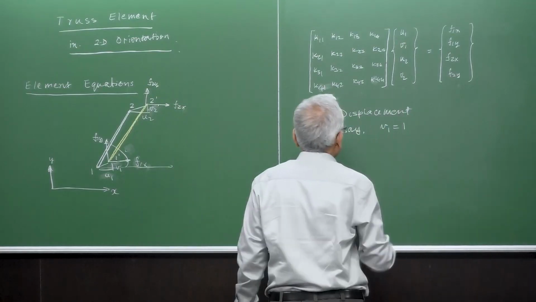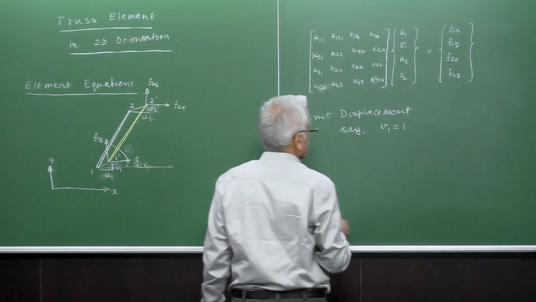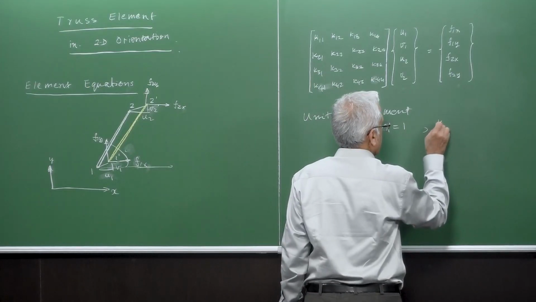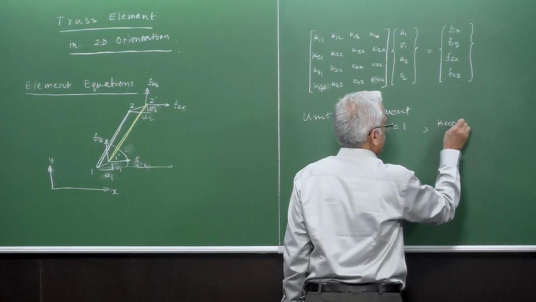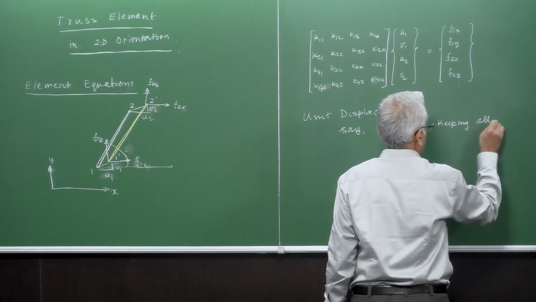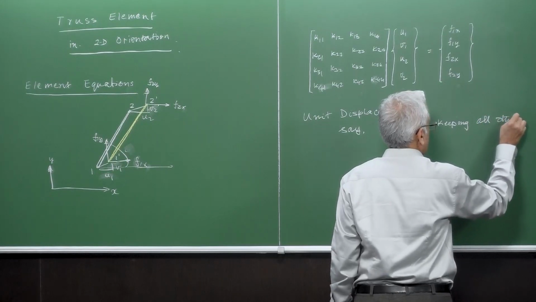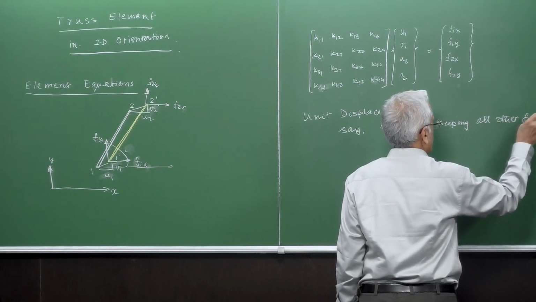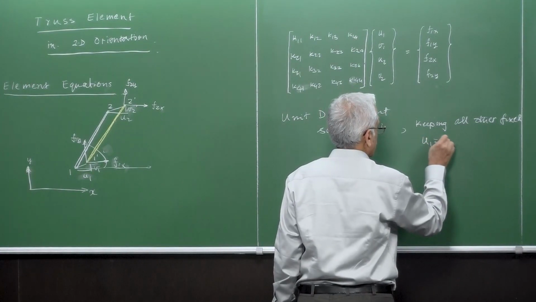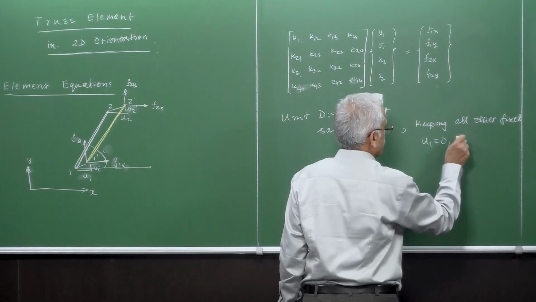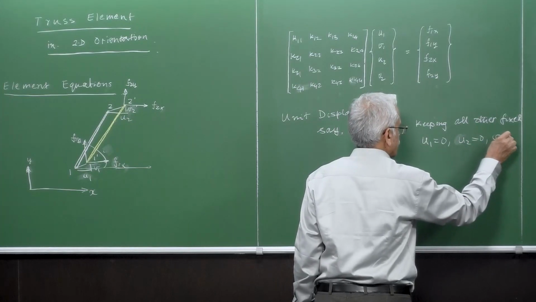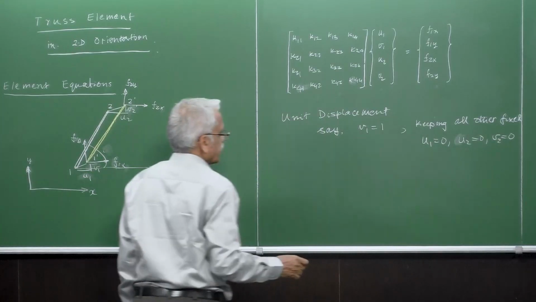So if you give v1 equal to 1, keeping all others fixed, in the sense that u1 is 0, u2 is 0, and v2 is 0.